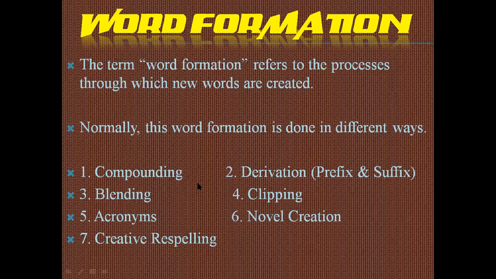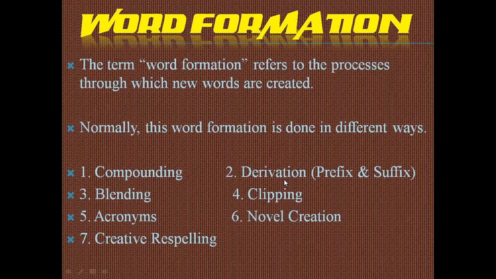Compound means putting two words together. When you put two words together, you get a new word. For example, bookcase, sign plus post, signpost, watch plus man, watchman. This is how compound words are formed.